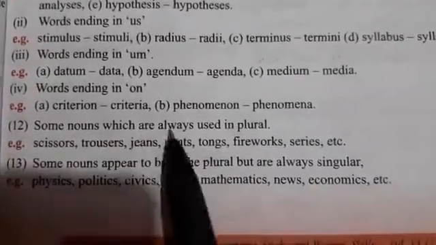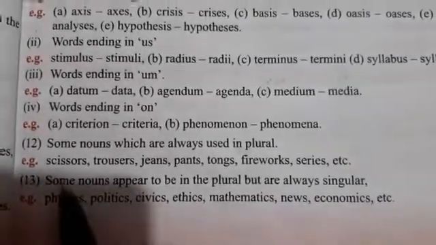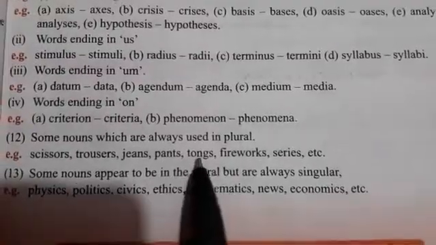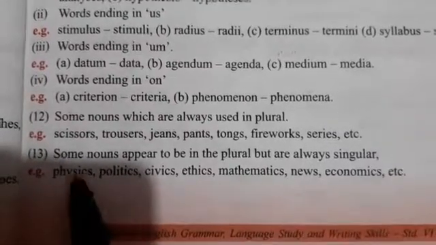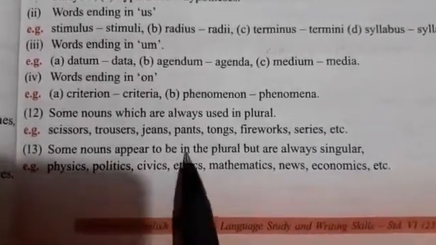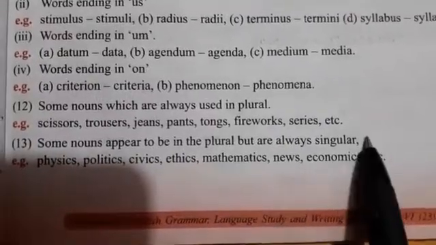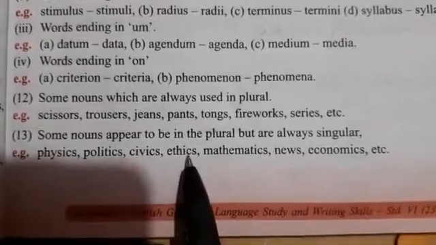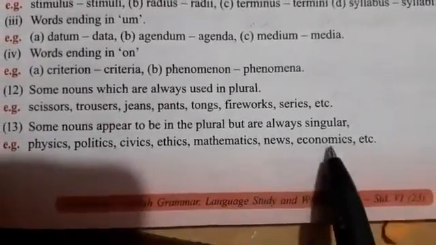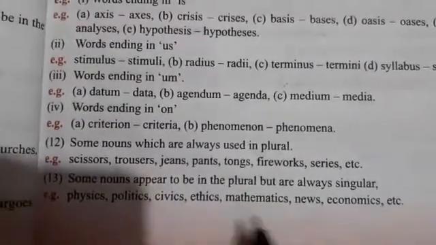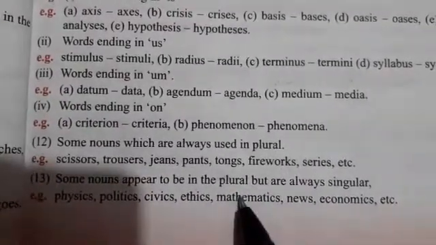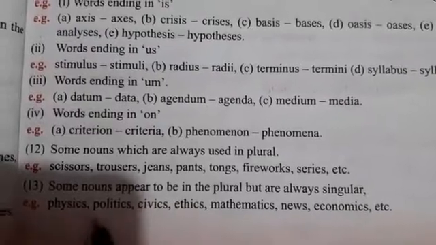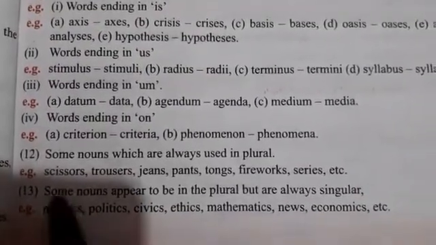Some nouns which are always used in plural: scissors, trousers, jeans, pants, tongs, fireworks, series, etc. Some nouns appear to be plural but are always singular: physics, politics, civics, ethics, mathematics, news, economics, etc. So there are some words that are plural and some that are singular.